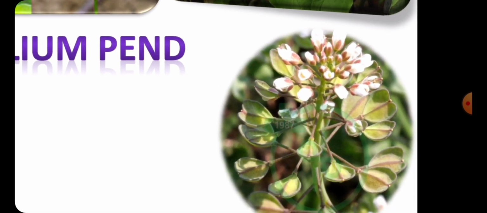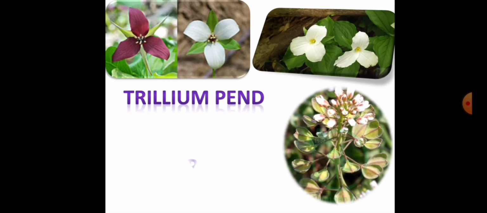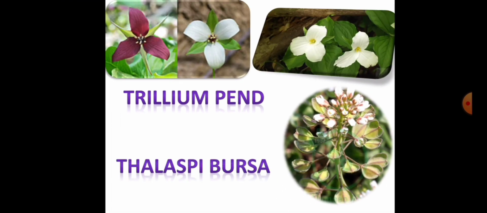And one more you can see here, the leaves and flowers look something like this, which is called thalaspi bursa. So the mother tinctures I told you for hemorrhage are millifolium, hamamelis, trillium pendulinum, and thalaspi bursa. These can be used for controlling hemorrhage.